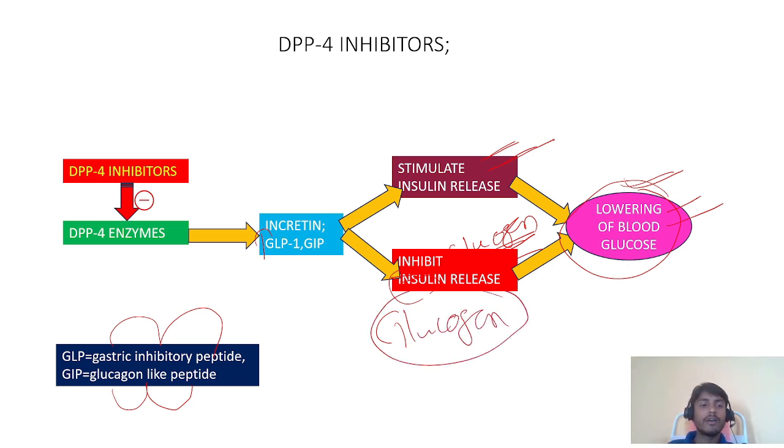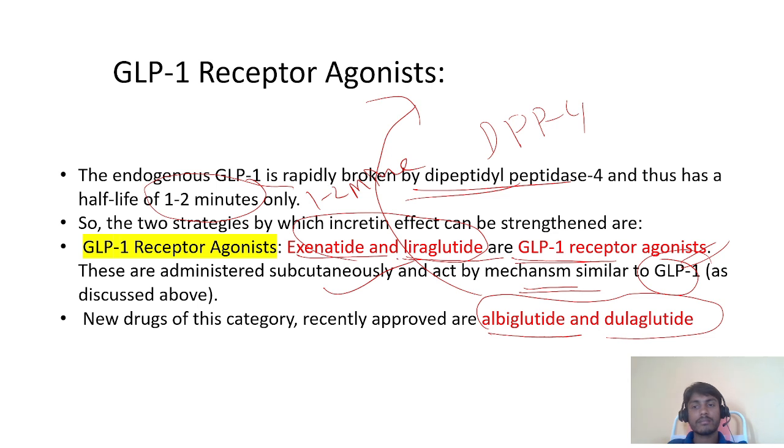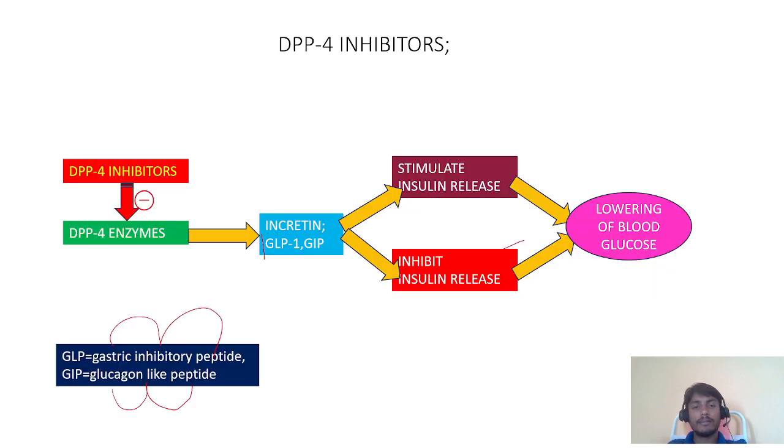So if we inhibit the DPP4 enzyme, then the breakdown of GLP and GIP is prevented. Endogenous GLP is rapidly broken down by the DPP4 enzyme, so we need to inhibit that enzyme.